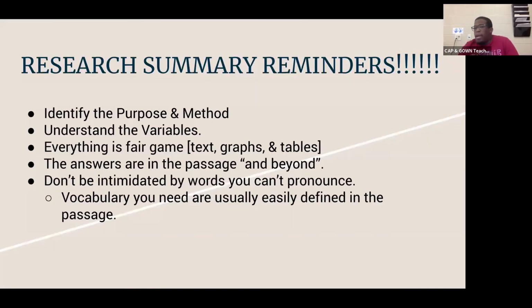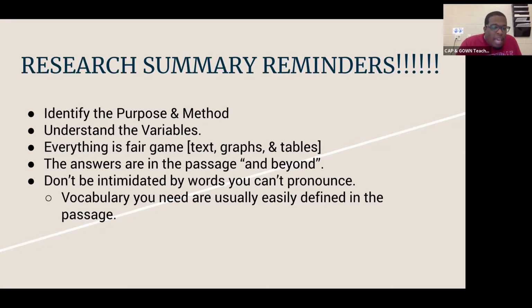So here are the reminders that I have, okay, before I release you to the practice. The research summary reminder is this. Number one, identify the purpose and the method for that experiment, okay? Two, understand your variables. Understand what they're using as the independent variable, what they're using as the dependent variable, and remember that everything that they give you is fair game.